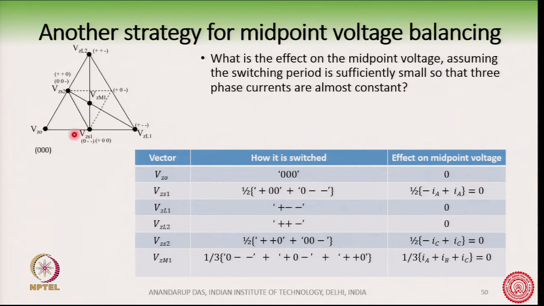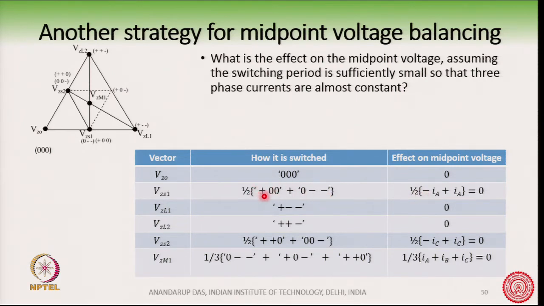If we use VZS1, as we have defined, VZS1 is half of plus 0 0 and 0 minus minus, these 2 switching states, applying half of each.